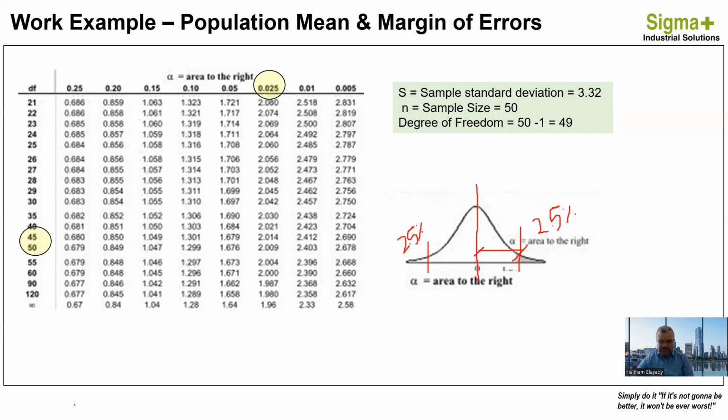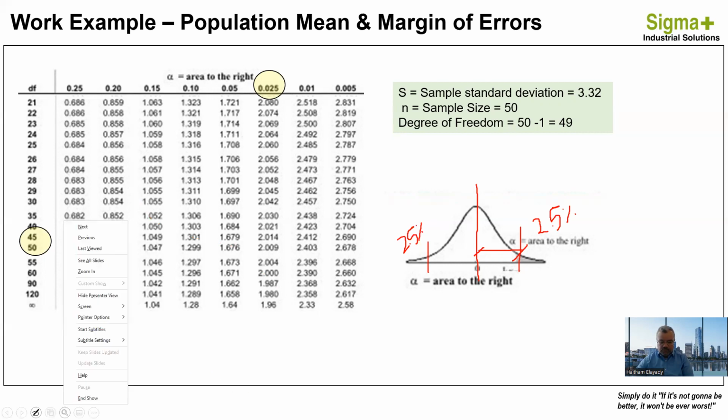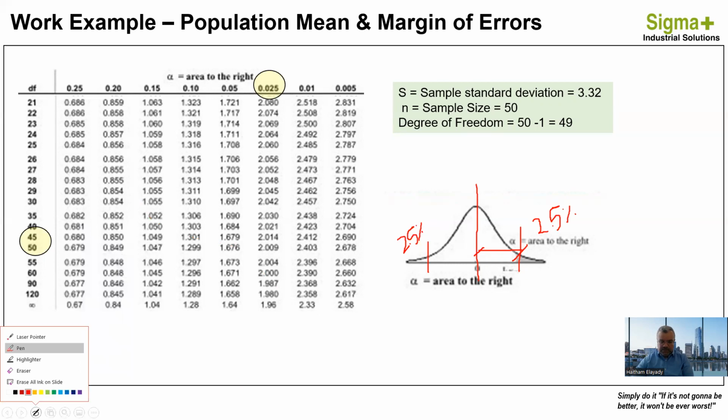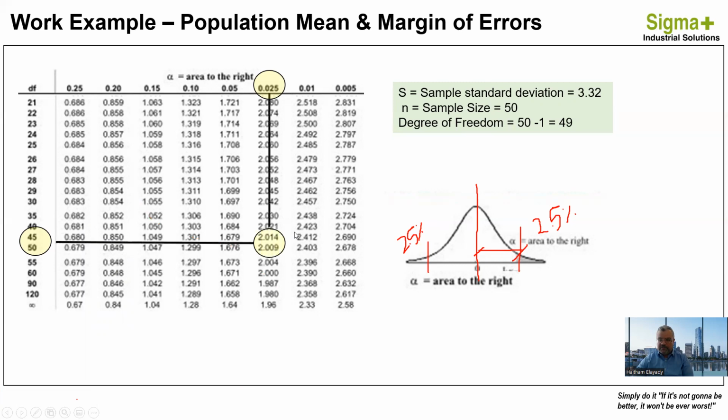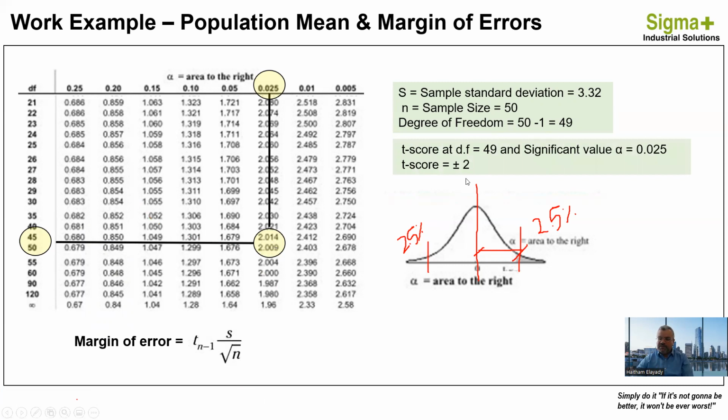Based on that, I can now go to the table and find out what my t-score will be. By dropping both lines, I will see that my t-score is between 2.014 and 2.009. Approximately, we can say that the t-score will be equal to plus or minus 2 standard deviations.